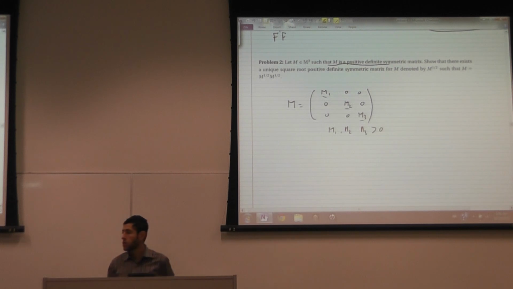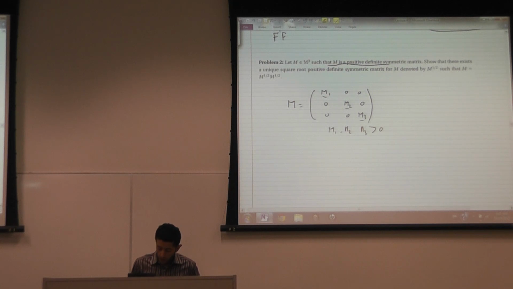How do I know that they're greater than 0? Because it's positive definite, and we talked about this, and we said that in your text you have the proof one way, and you have to know the proof the opposite way.